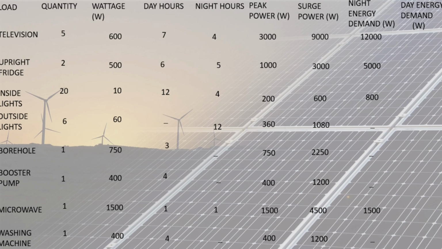Calculating the day energy demand. For the day energy demand, we add the total number of hours, day and night hours, and multiply by the peak power. So we have 11 hours in total of operation of our television. So we say 11 multiplied by 3000, we get 27,000.